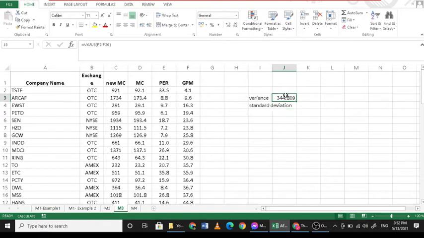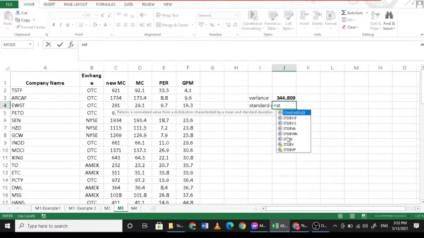The variance is 344.809. To get the standard deviation, you use equal STDEV.S, also S since this is a sample.